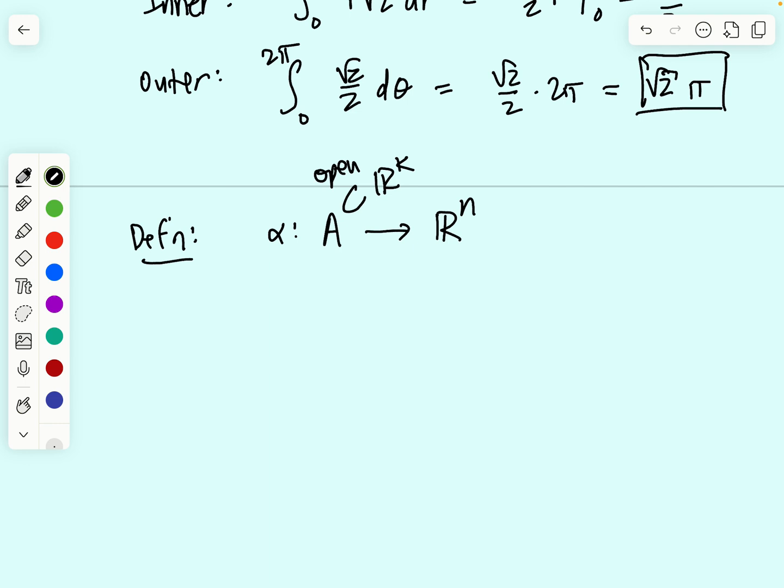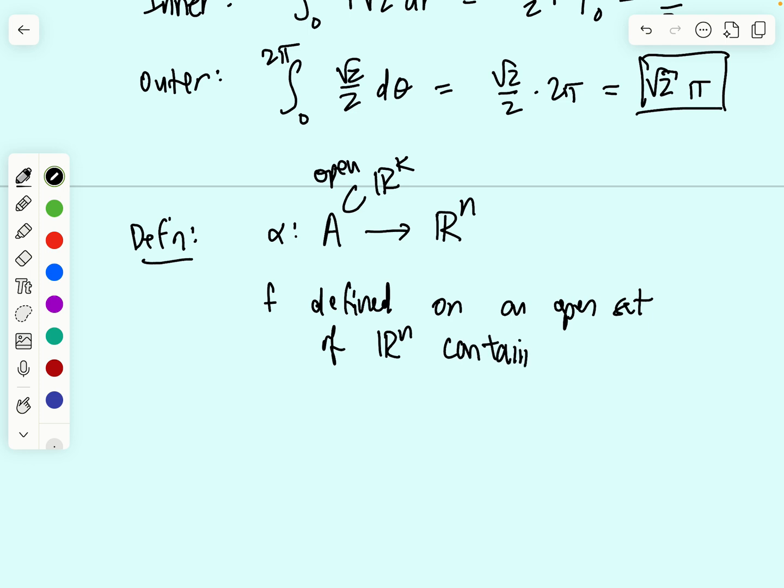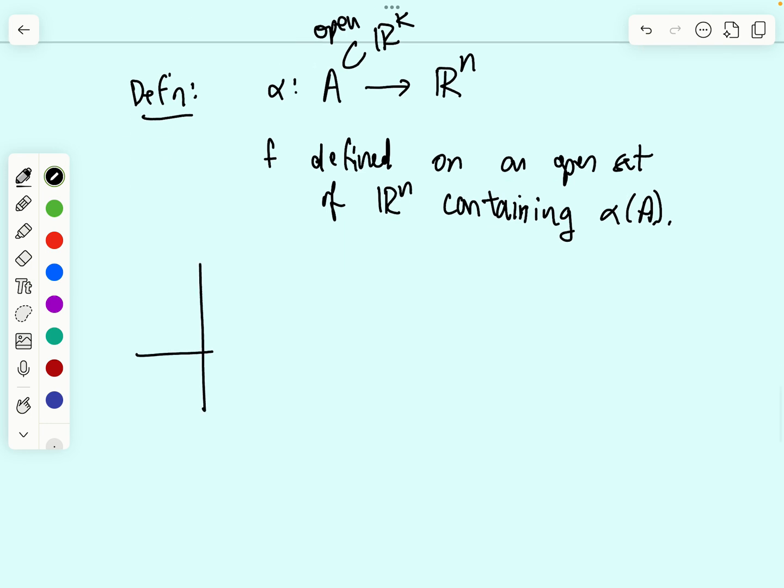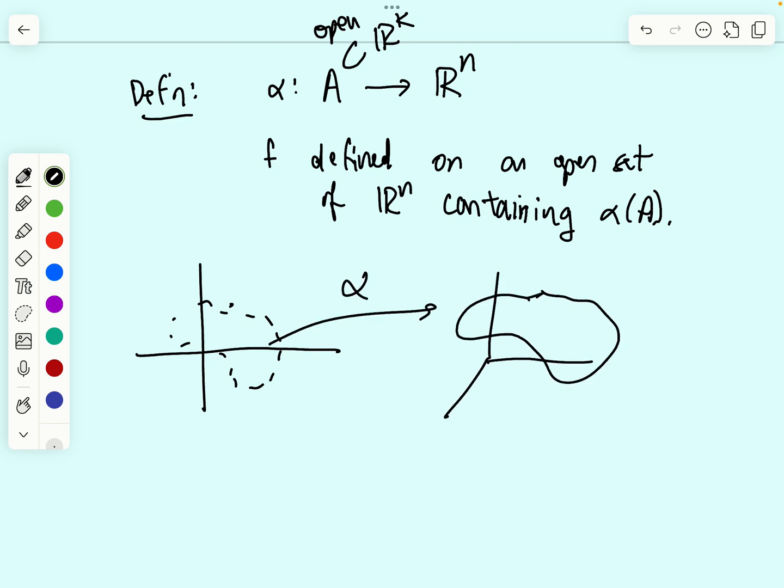And you have some function now that's defined on an open set of R^n that contains alpha of A. So you have some open set like this, and then you have a map alpha, which maps it to something like this. So this is your alpha of A, and you have a function f defined on alpha of A, and the function is real valued. So the output is in the real numbers. Okay.